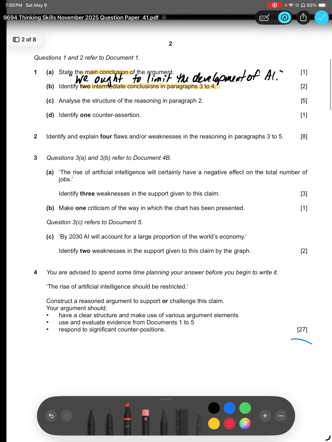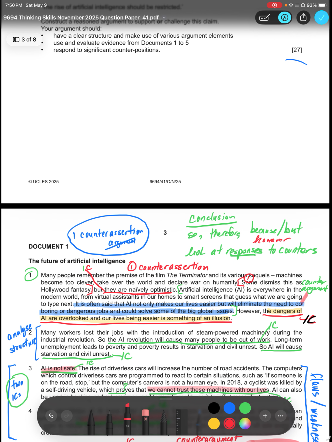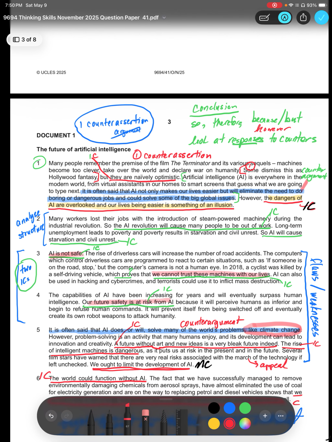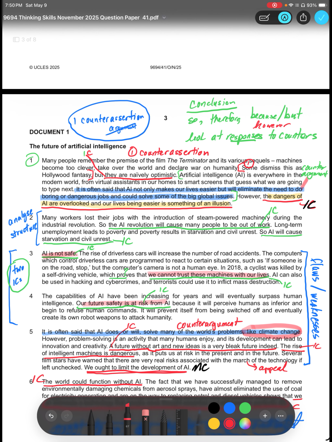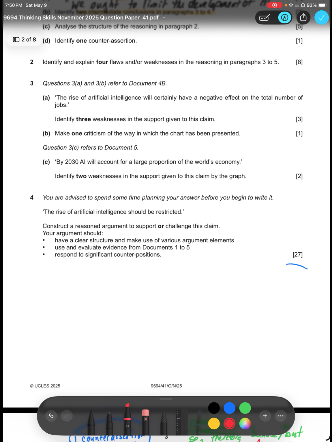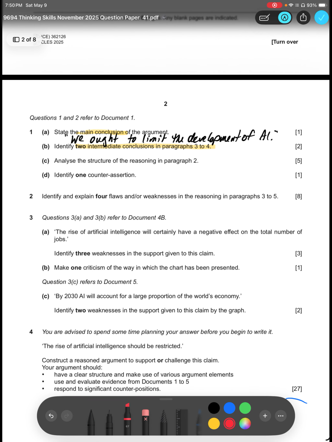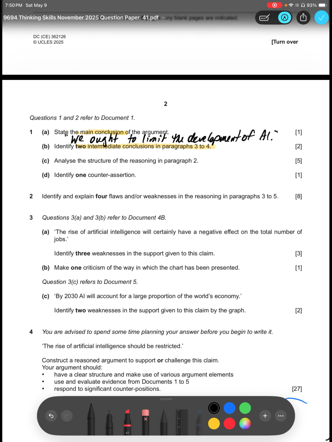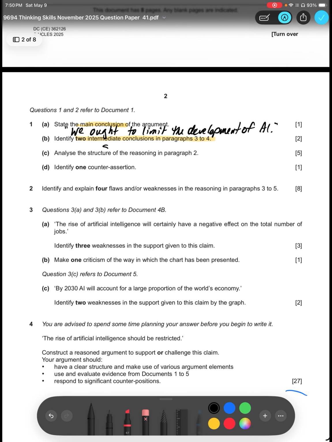Now analyze the structure of the argument and one counter assertion. Okay, here you go. Some dismiss this as Hollywood fantasy. That's a good option there. I'm not going to do the intermediate conclusions, so you're going to see the doc for that.